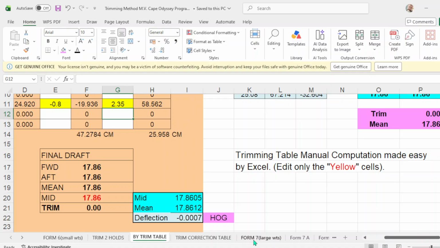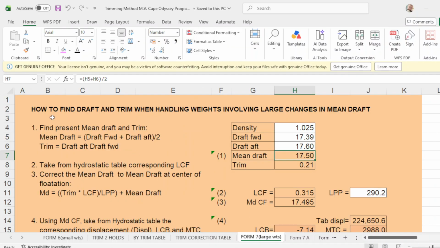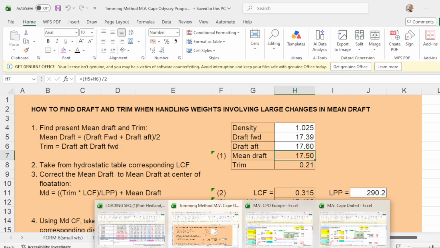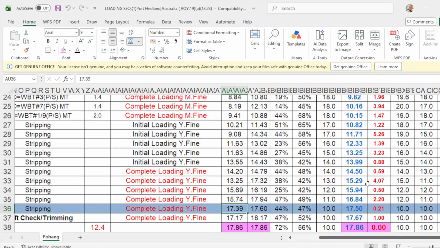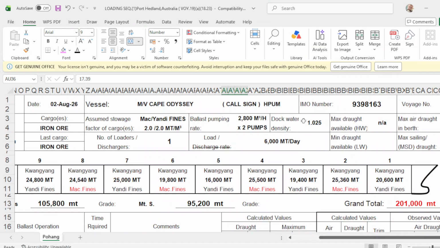Then we go to form number 7, which is how to find drop and trim when handling weights involving large changes in mean drop. So what is our initial drop? Take note the density used when loading is 1.025.